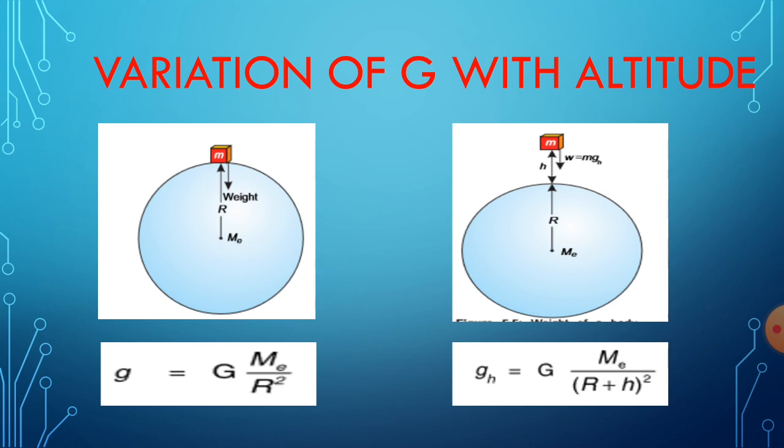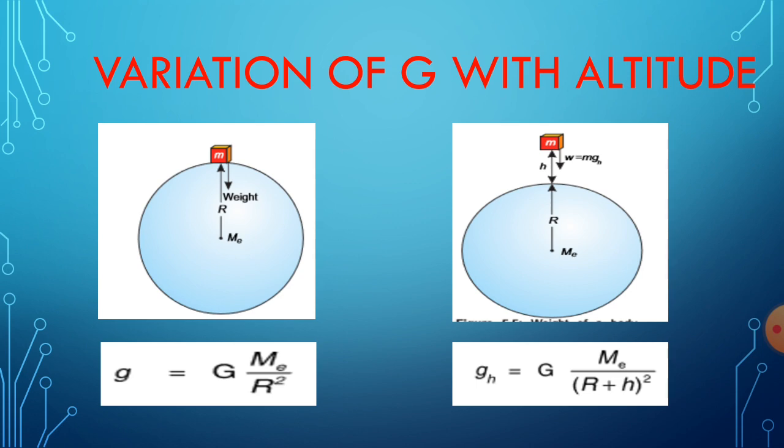So in other words, the gravitational constant is a constant value, and mass of earth is a constant value. So the value of g is inversely proportional to the square of the radius, that is from the center of the earth.